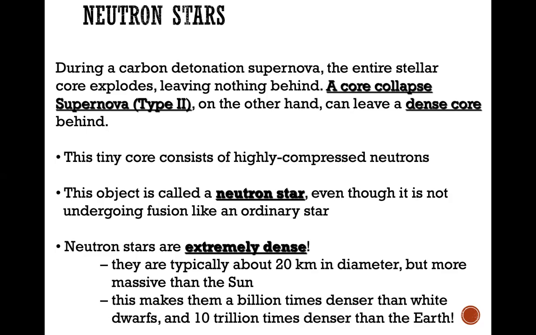Now, during the carbon detonation supernova, sorry, I just made a mistake here. The carbon detonation supernova is the type 1A supernova that involves a white dwarf and a companion star, and the entire star explodes, so there will be nothing left behind.